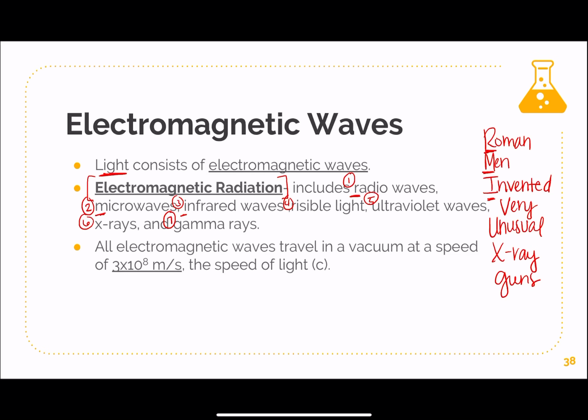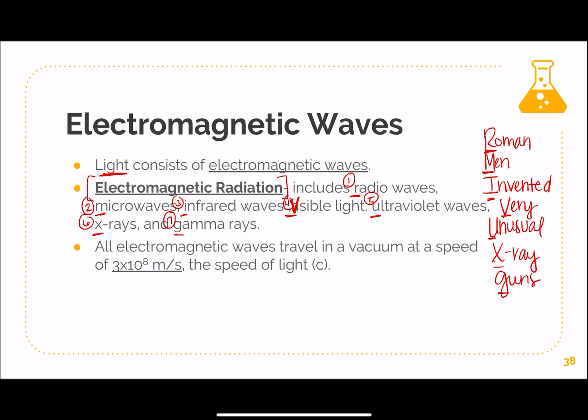Infrared is invented. Visible, that should say visible, sorry. Ultraviolet, X-ray, and then gamma. Those are the 7 types of electromagnetic waves or electromagnetic radiation on what we refer to as the electromagnetic spectrum. And we'll talk more about that in just a minute.